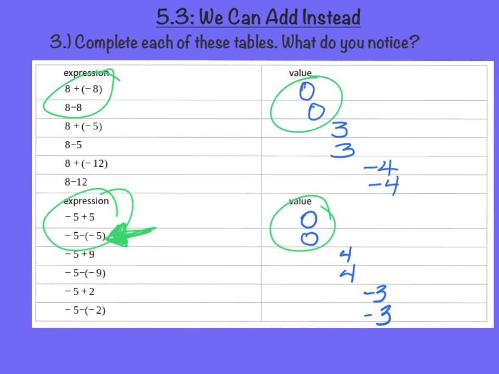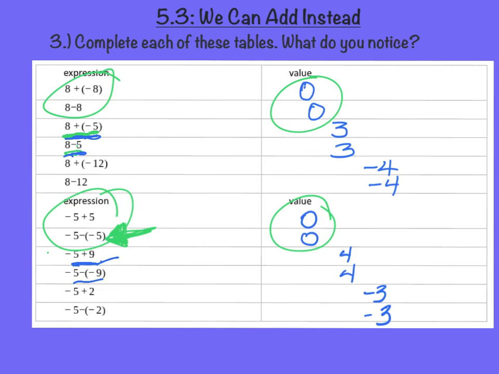Okay, so let's look at these. I've got a positive number, take away a negative. Positive, take away that number. Positive, I'm not taking away, I'm adding the negative. Remember how they canceled each other out? And let me switch out this color here and here. And then I've got -5, and I have more positives.